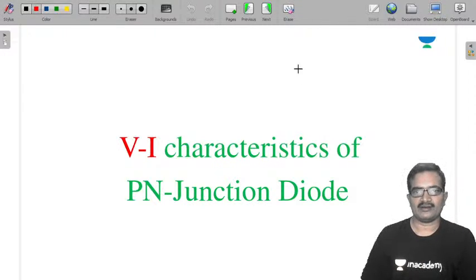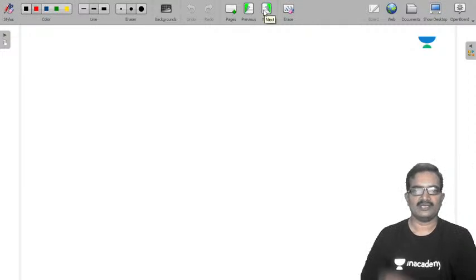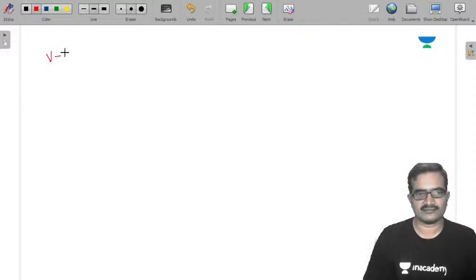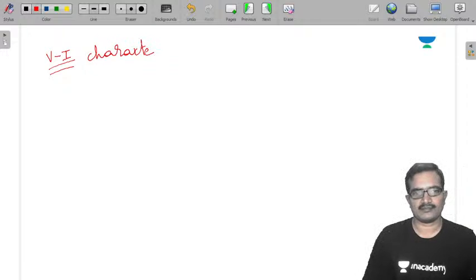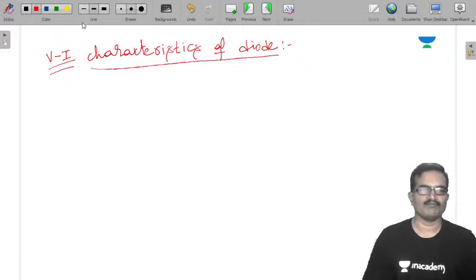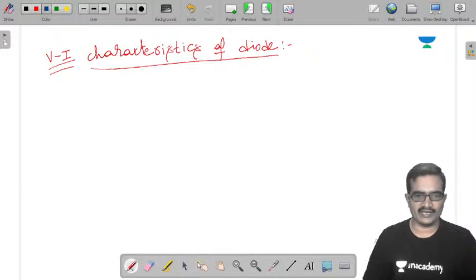First I'm writing the VI characteristics of the diode. We already studied the VI plot.